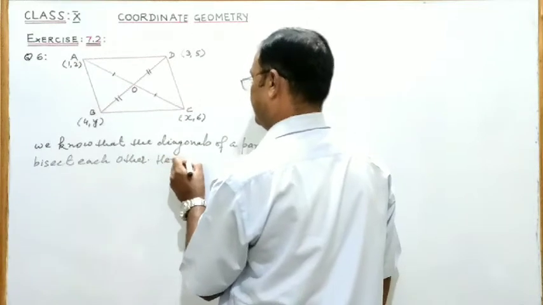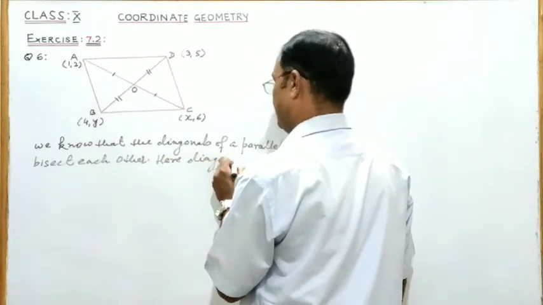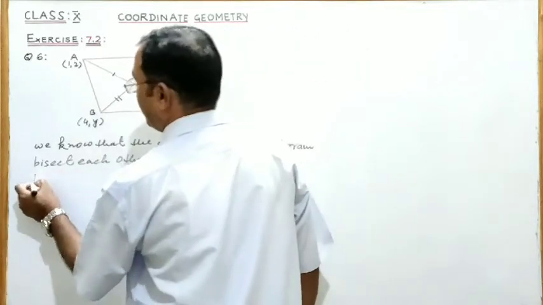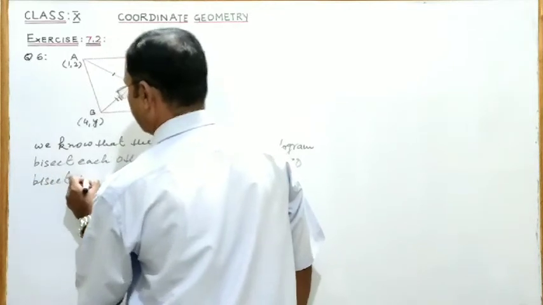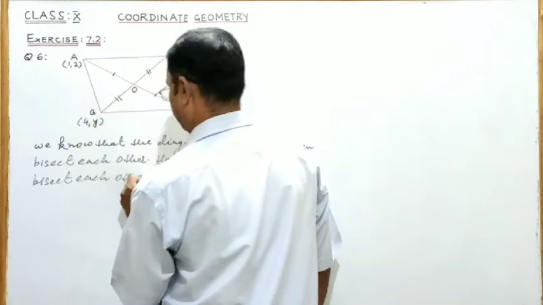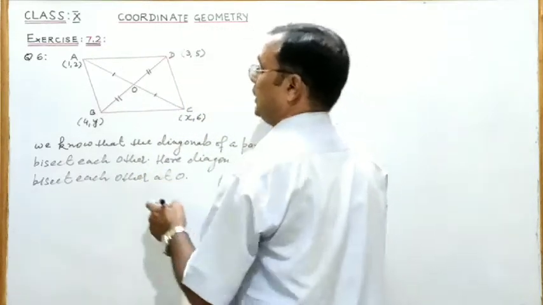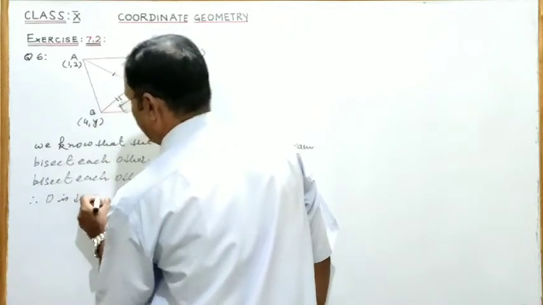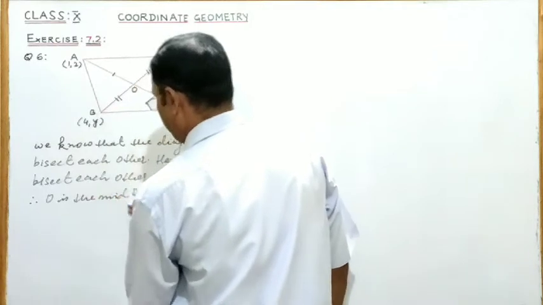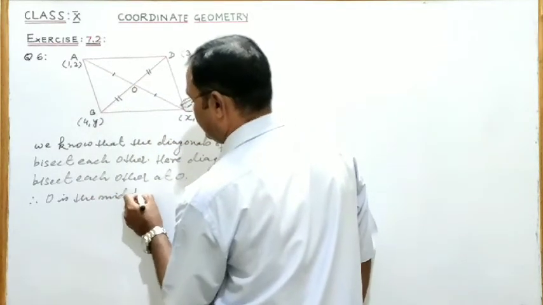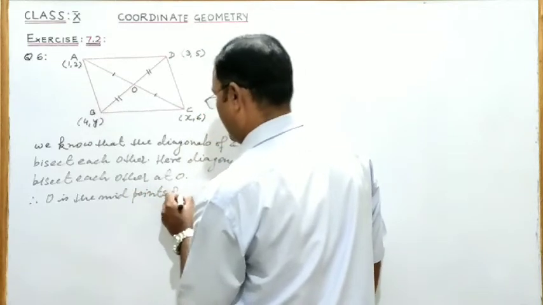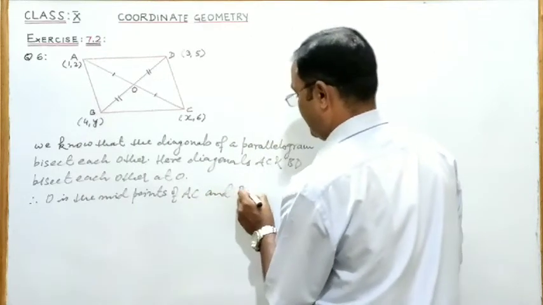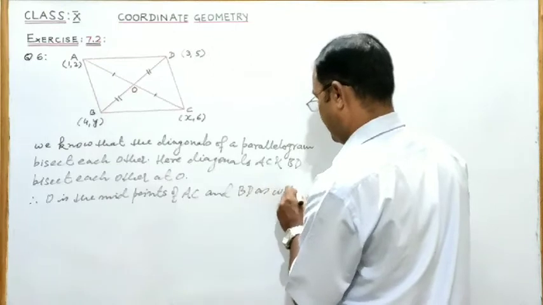Here diagonals AC and BD bisect each other at O. Therefore, O is the midpoint of AC and BD as well.